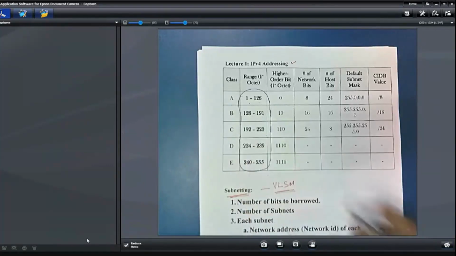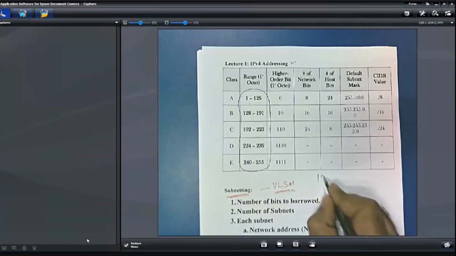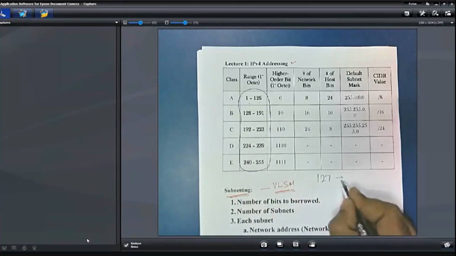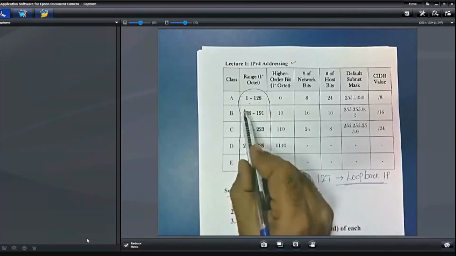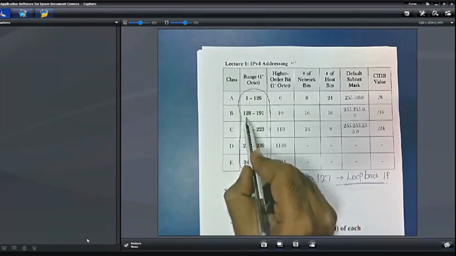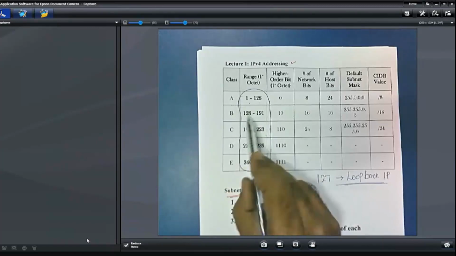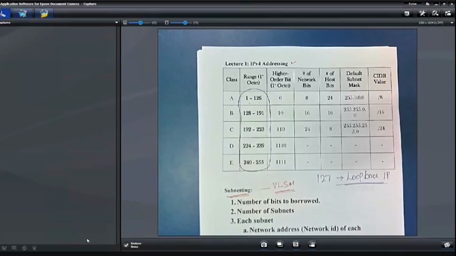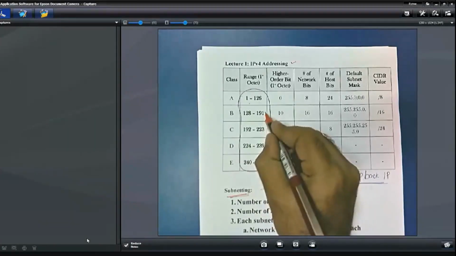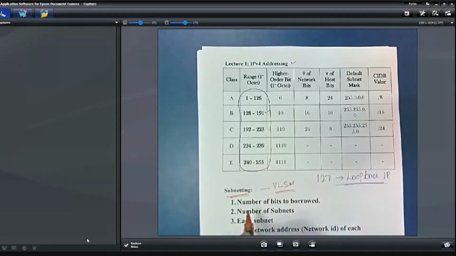If you want, I'll write it here: 127 is a loopback IP address. So 127 is not in class A, not in class B. Then class B is 128 to 191.